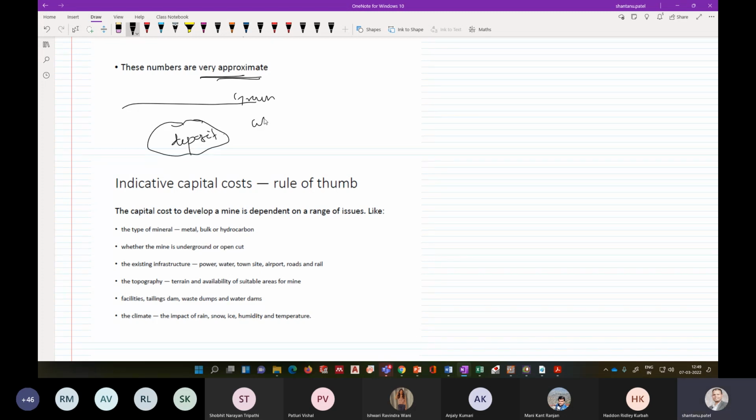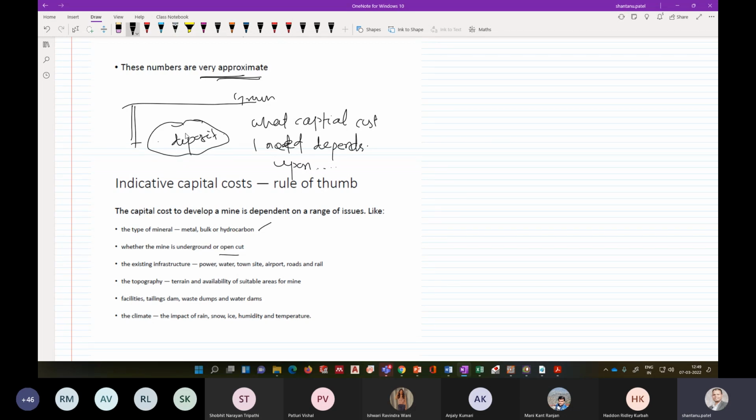So what capital cost I need depends upon the type of mineral. Is it metal, bulk, or hydrocarbon? And whether the mine is underground or open cut. So either you are going with a shaft and taking the deposit out.